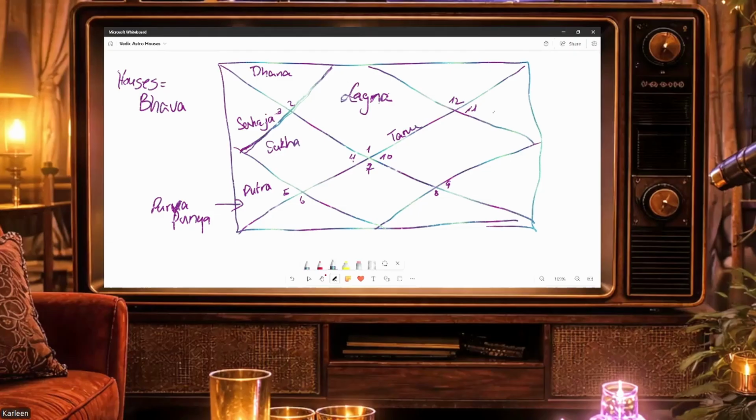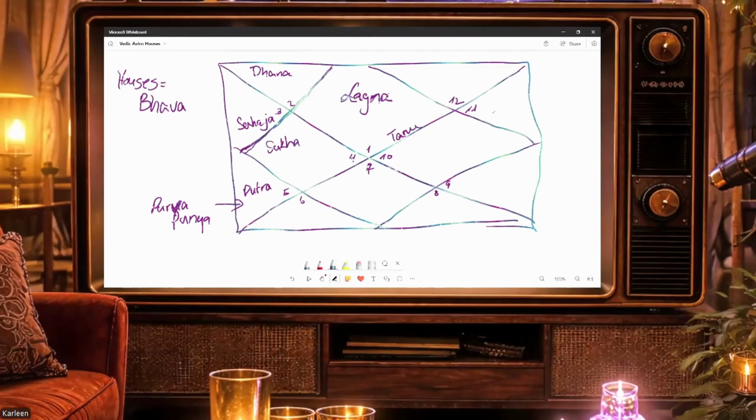So you donated money, helped somebody. And so the merit from those actions, the Purva Punya, is placed into the fifth house, and it will show up as blessings that were carried over from the past life. This is also the house of children, intelligence, creativity, romance, mantras, speculation, like all of that goes in there. Gaming, all of that goes in that house.